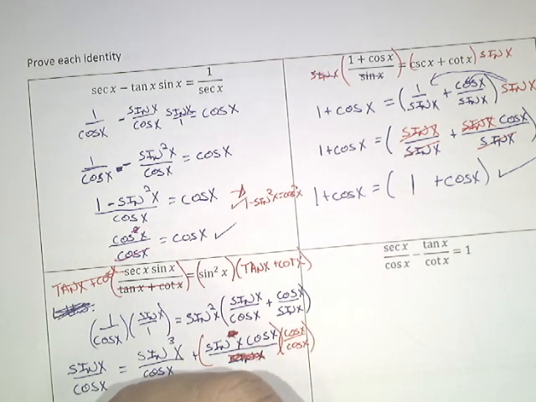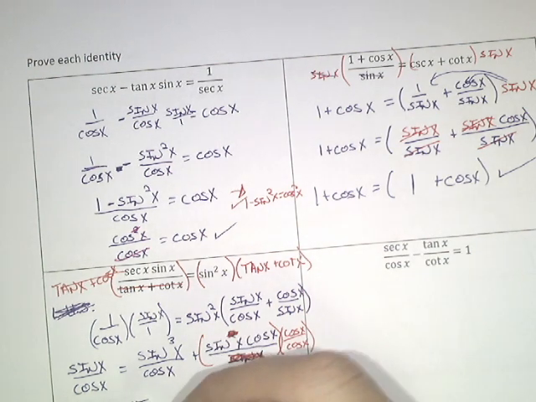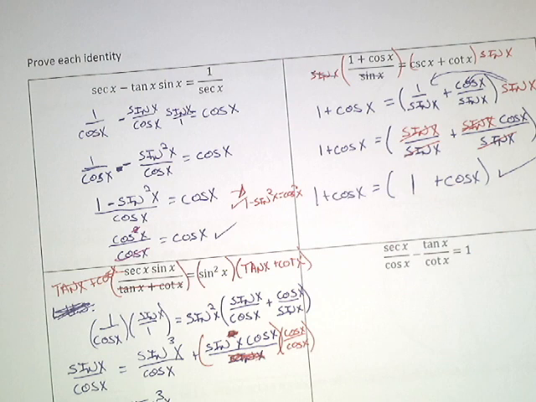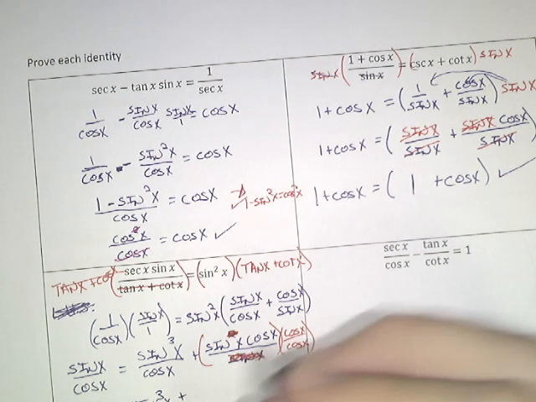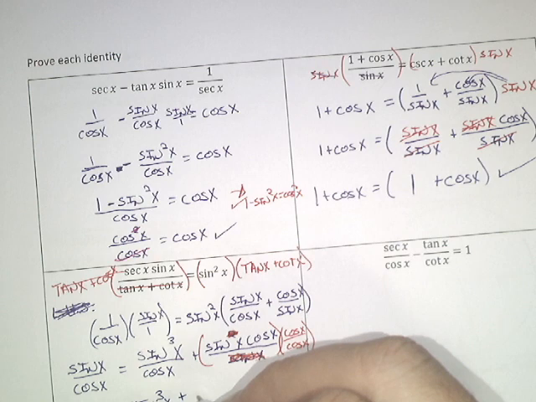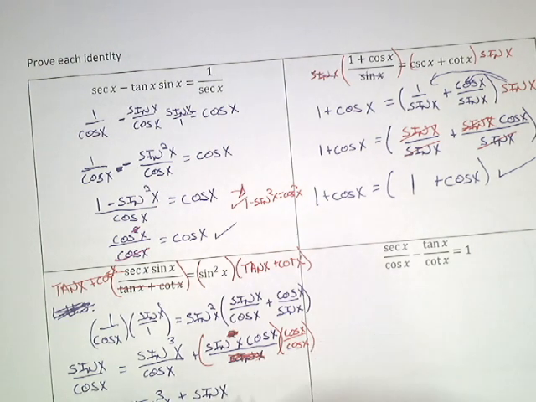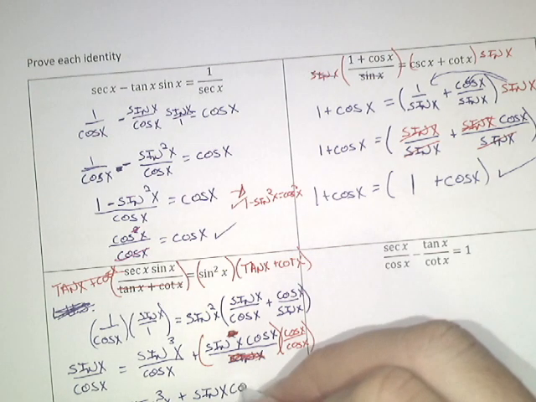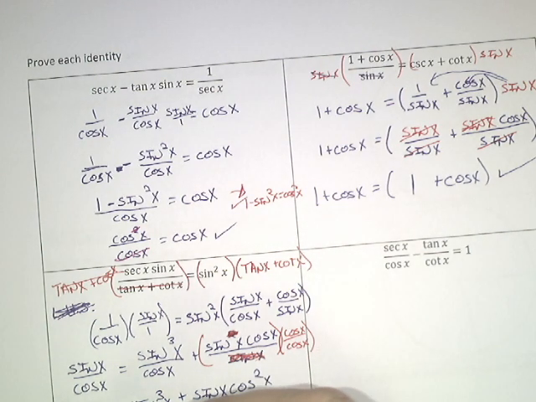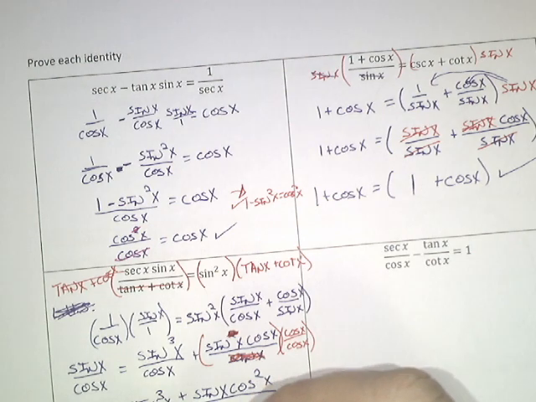So that would give us sine x over cosine x is equal to sine to the third x plus, man, this is going to be weird, sine x times cosine squared x all over cosine x.